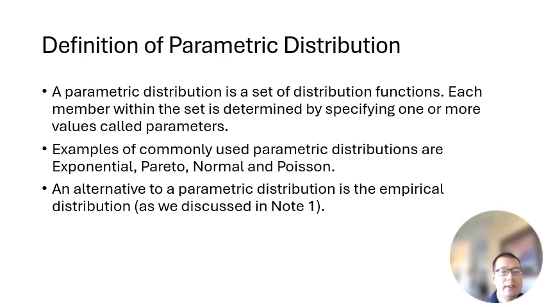In contrast, with a parametric distribution, you know exactly how the random variable is distributed, and it can be defined by its parameters. That's why it's called a parametric distribution.